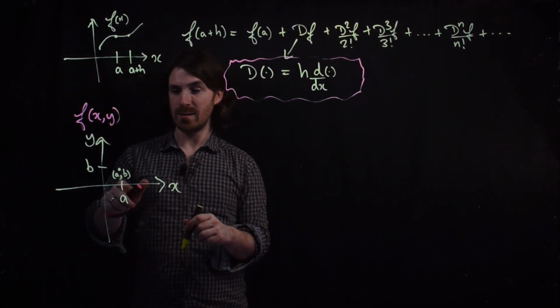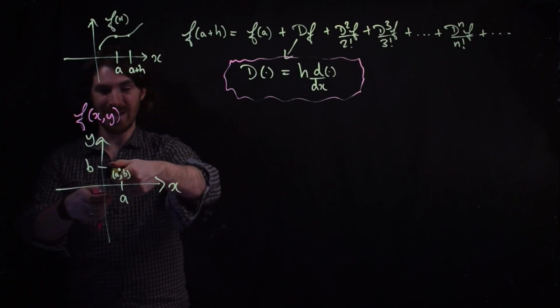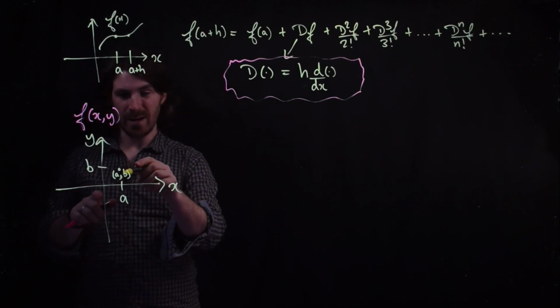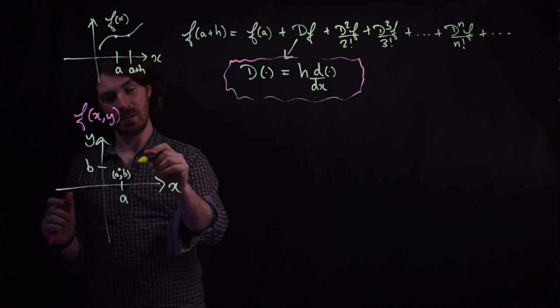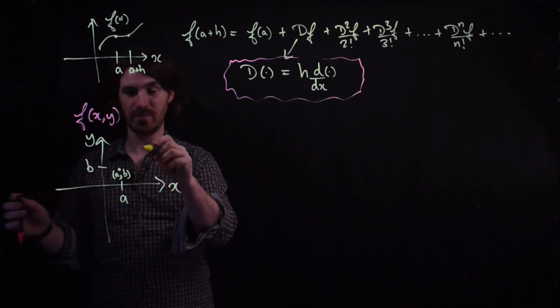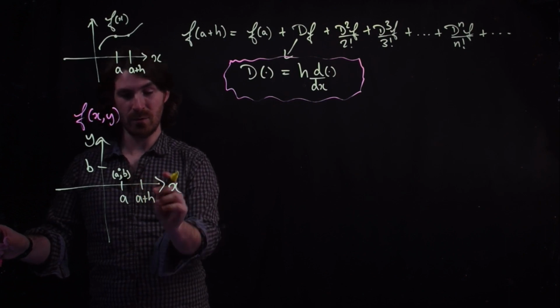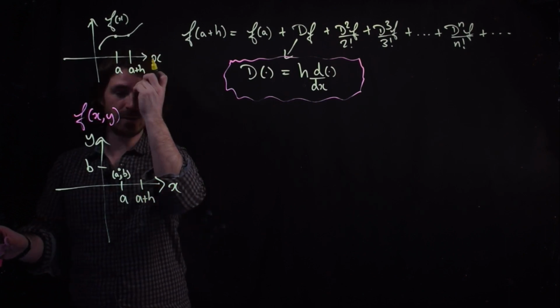And we want to ask, so the value of our function is the height above this xy plane. So we want to ask how our function changes as we move to a different point. And we call this point a plus h. So we move h along x, just like the single variable case.